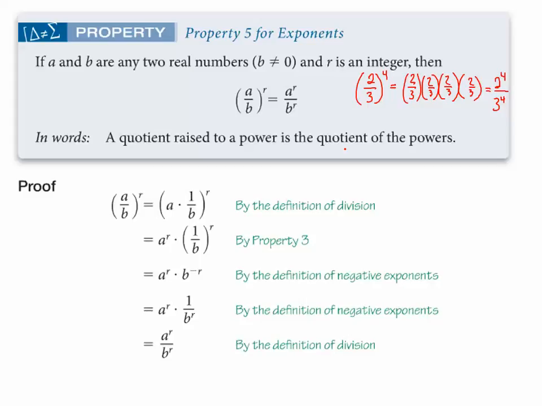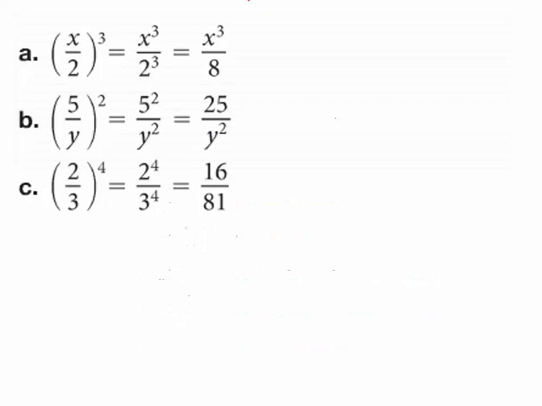Okay, so let's go with this one here. Some example problems here, just for us to think about. So x over 2 to the third power, that means that 3 goes to the x, 3 goes also to the 2, and if we can simplify it, go ahead. So there's your x to the third over 8. How about 5 over y to the second? Again, in this case, the 2 goes to the 5, the 2 goes to the y as well, but then you simplify the top only.